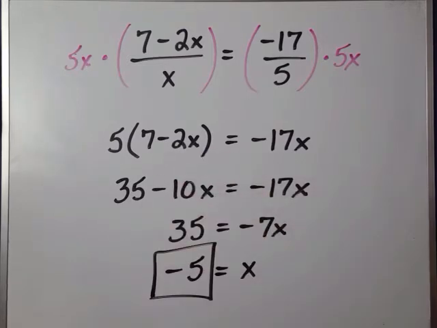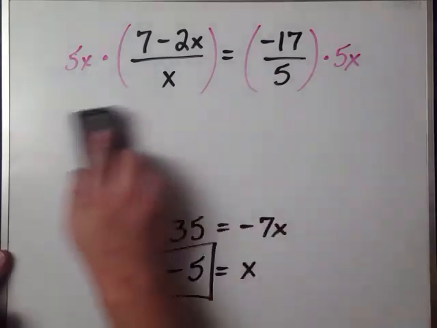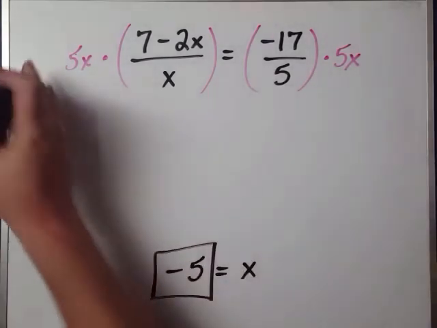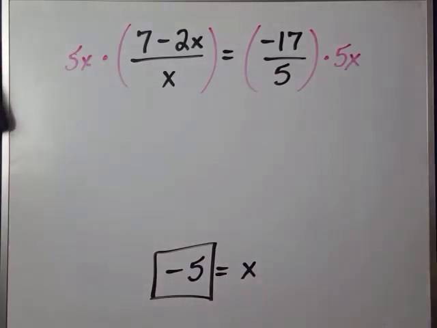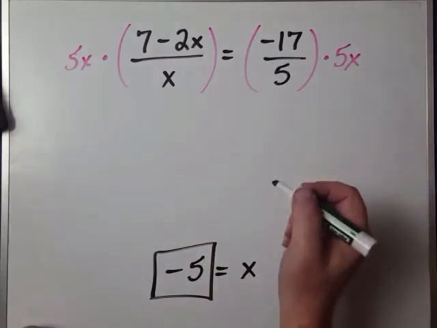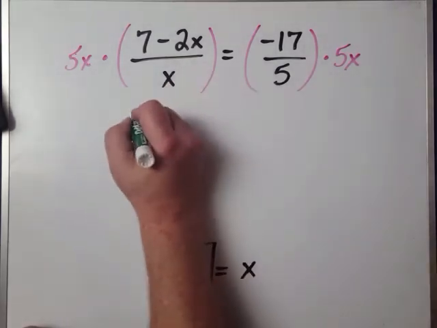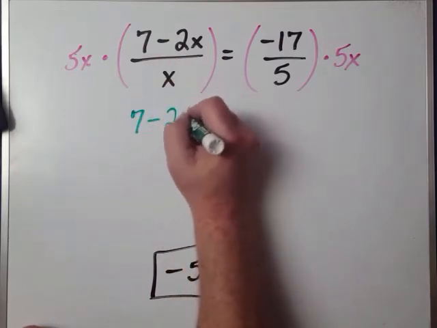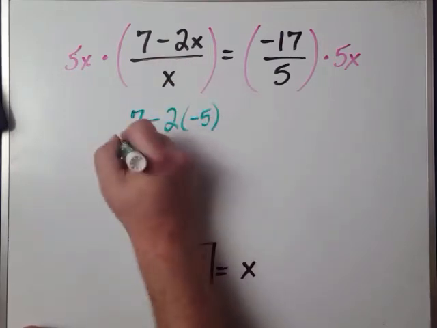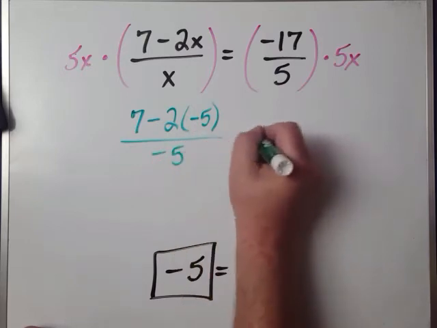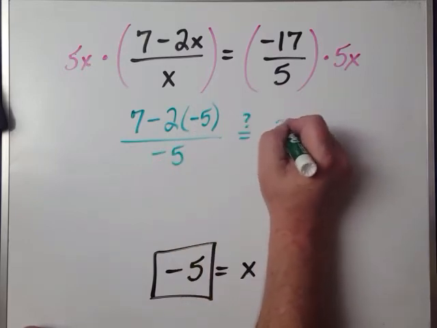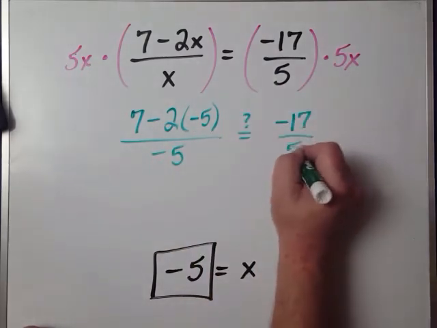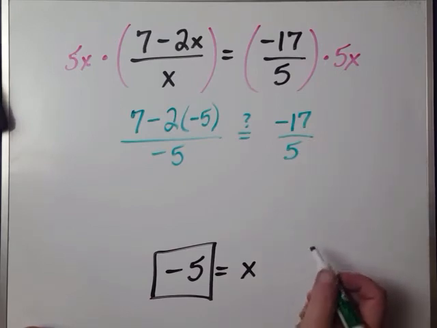Let's check this one. Plugging negative 5 back in for any place we originally see an x, we have 7 minus 2 times negative 5 over negative 5. Is that equal to negative 17 over 5? What do I have here?